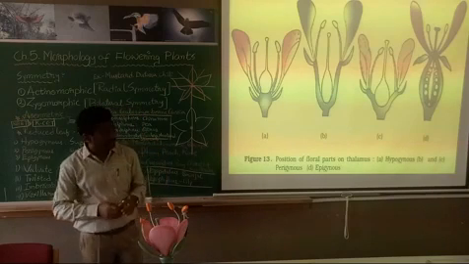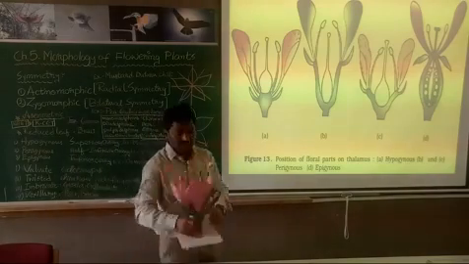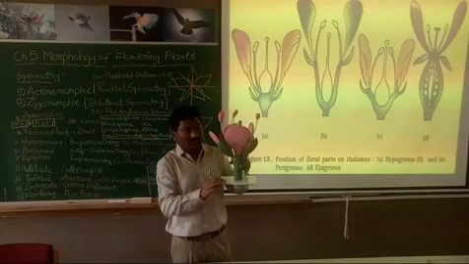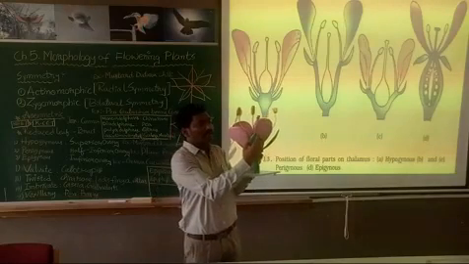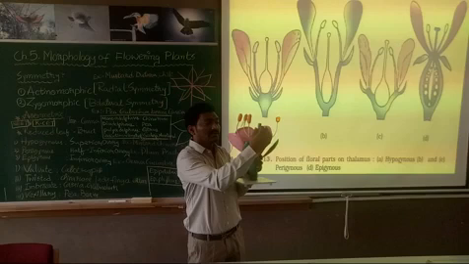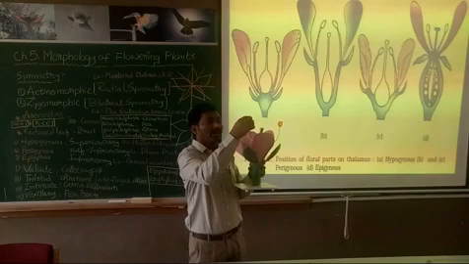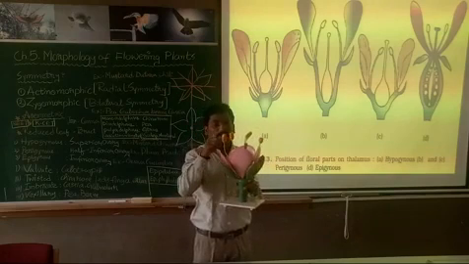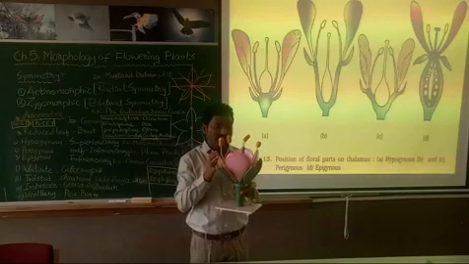Next, one more important point. Here you can see all the four parts are present in this flower. Here you can see the model of the flower. So the outer one is calyx, the inner one is corolla, followed by androecium and gynoecium. So in this flower, both male and female reproductive parts are present.